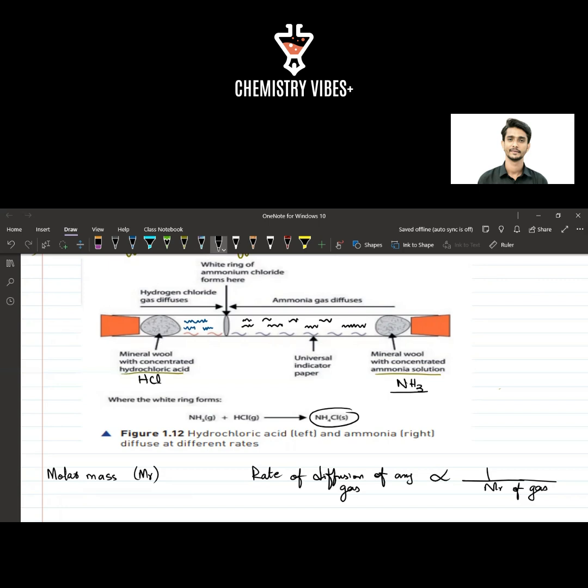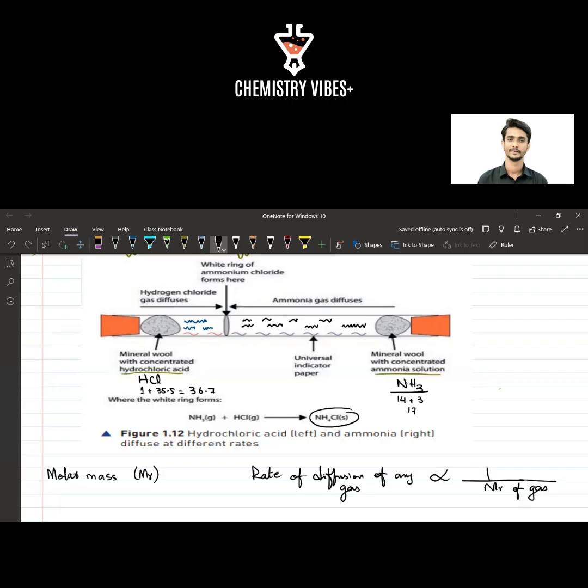Nitrogen has atomic mass 14. Hydrogen has 1, so three hydrogens become 3. 14 plus 3 becomes 17. For HCl, one hydrogen is 1 and one chlorine is 35.5, so it becomes 36.5. Which substance has more Mr? Hydrochloric acid.